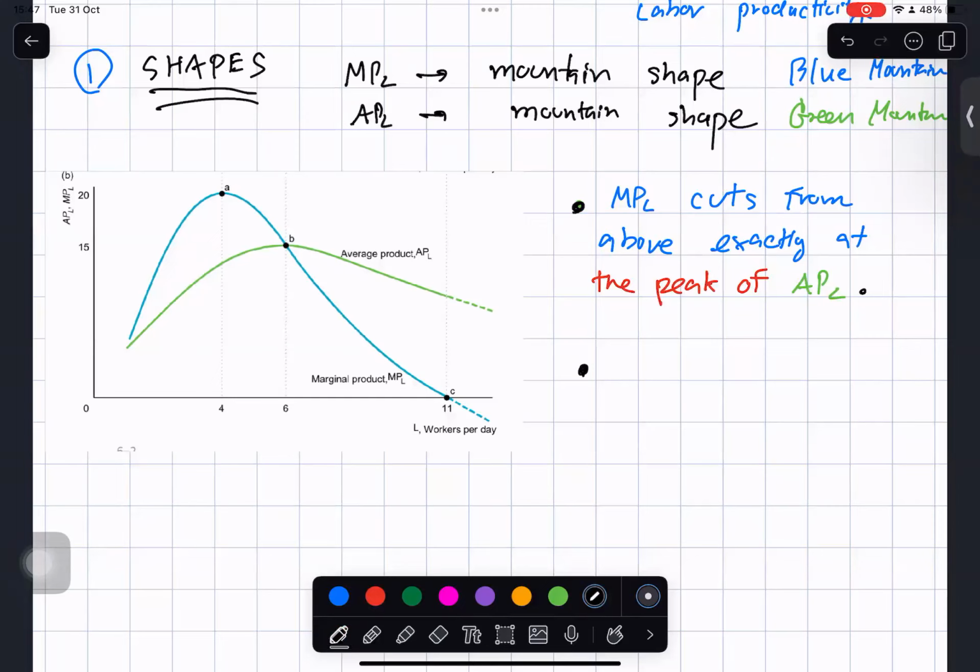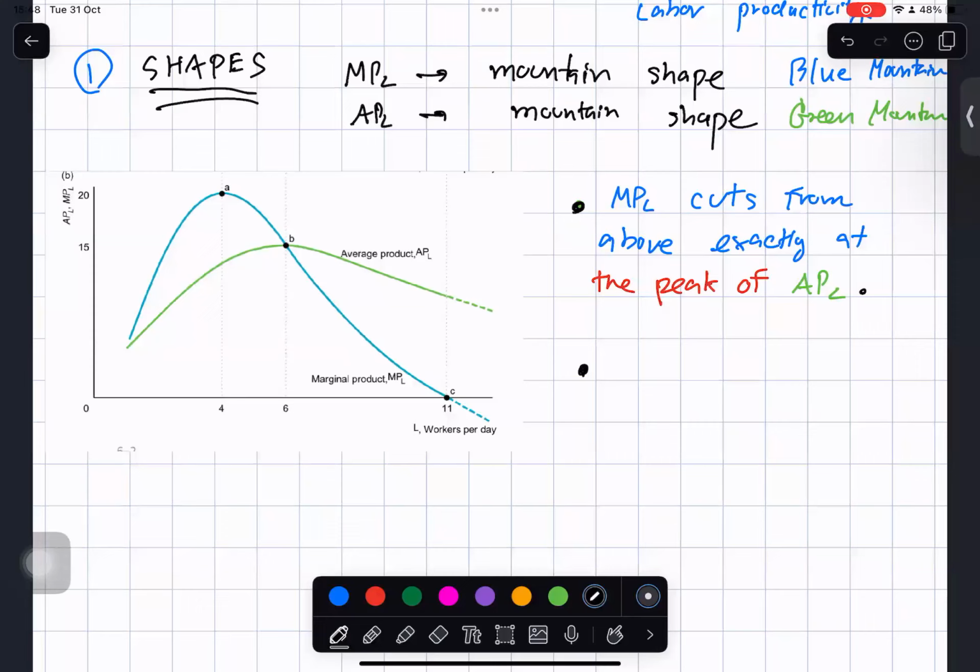And now we are going to compare the height of the two mountains. Can you say something about the height between the two mountains before and after the crossing point?